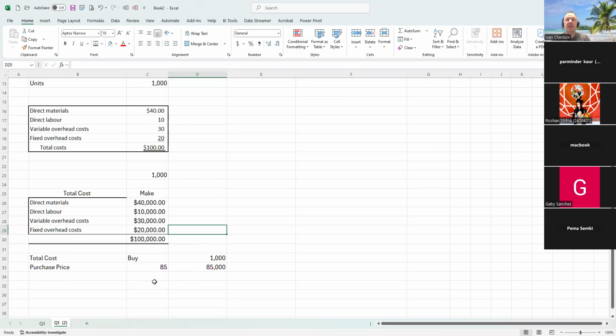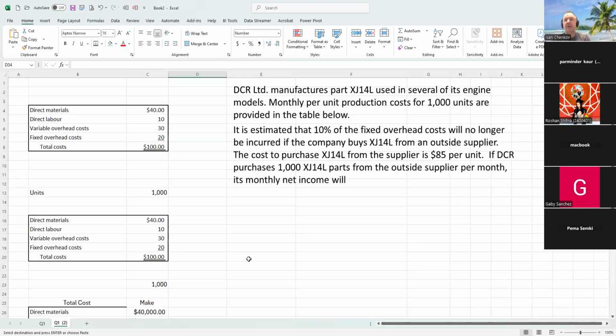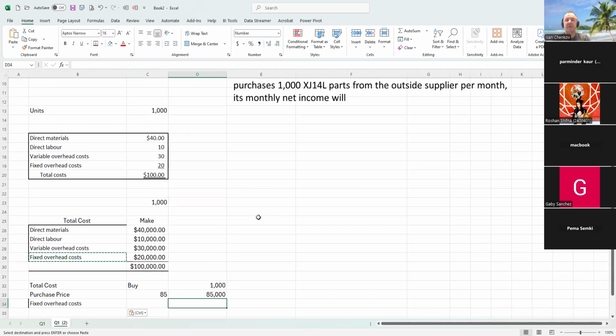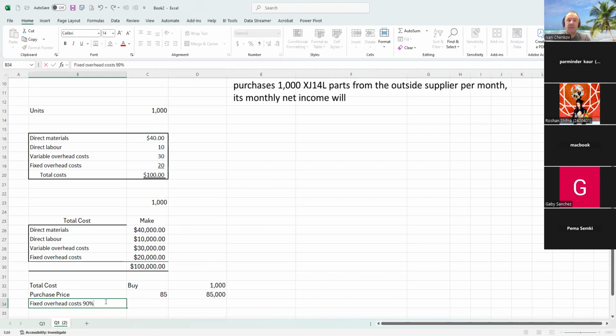What's going to happen with the 90%? It decreases to $18,000. So the other 90% is going to stay with me, correct? I have to pay those 90% as well. Make sense?